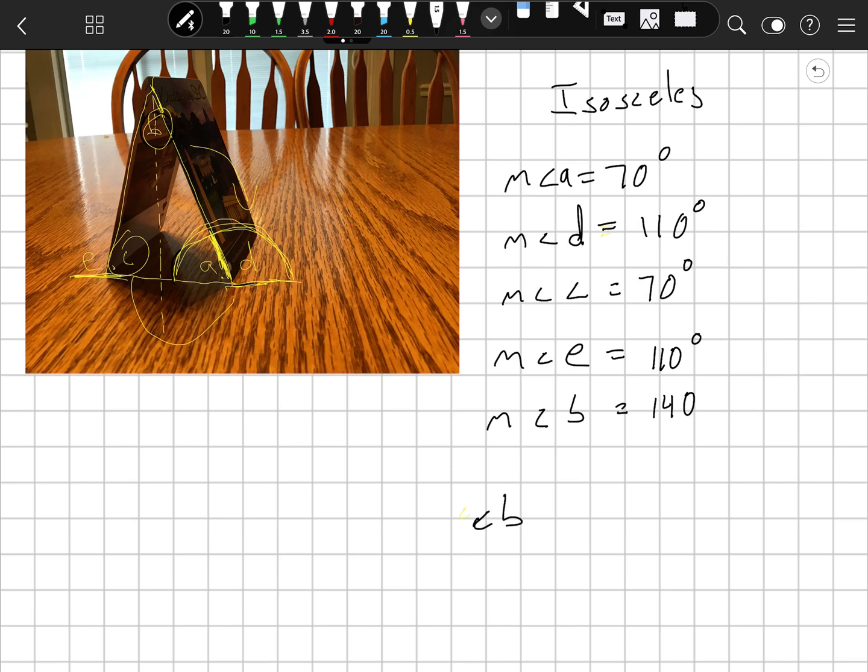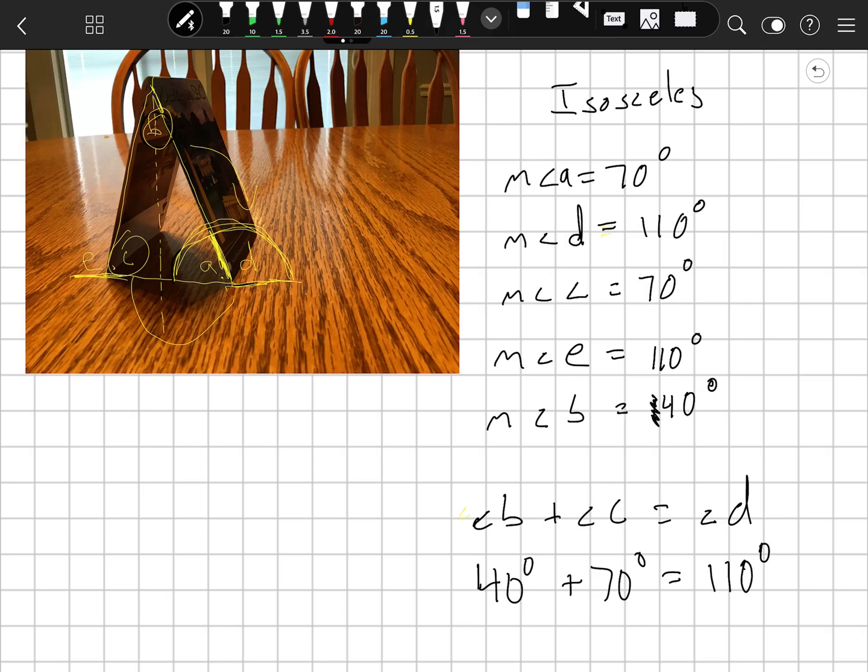Let's put some numbers in here for angle B. Oh, wait a minute. Angle B is just 40. Sorry, that was my mistake. So 40 degrees there. And angle C was 70 degrees. And angle D was 110 degrees.